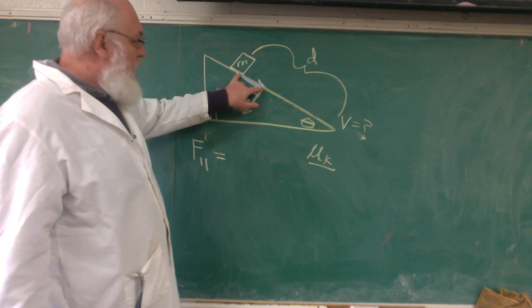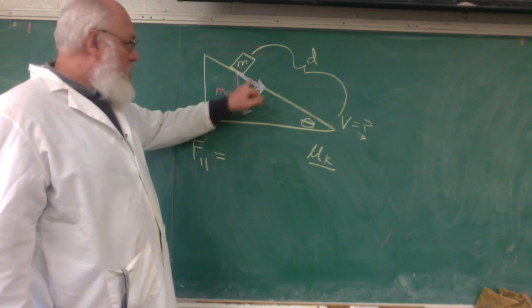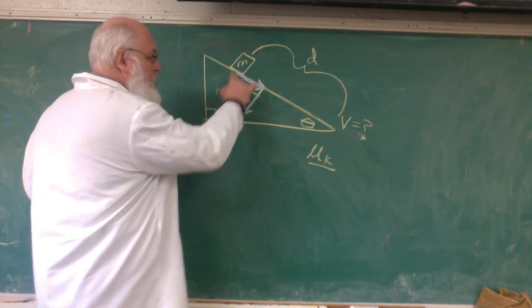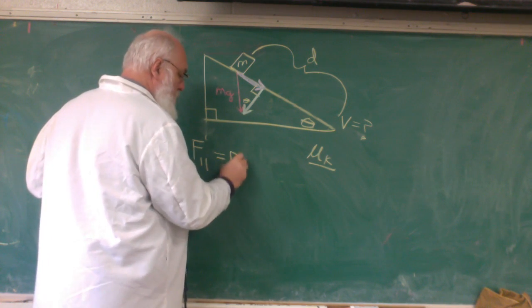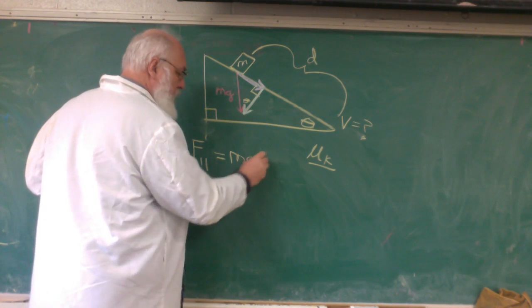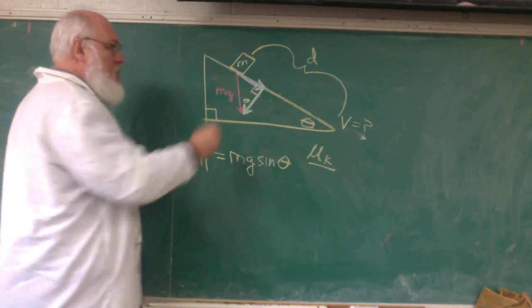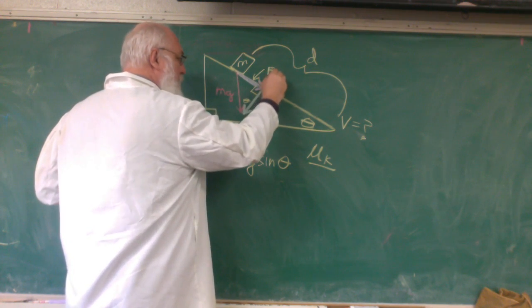All right, that side is opposite. Okay, so we see that force parallel, this side here, would be mg sine theta. That would be that force right here, which we call force parallel.